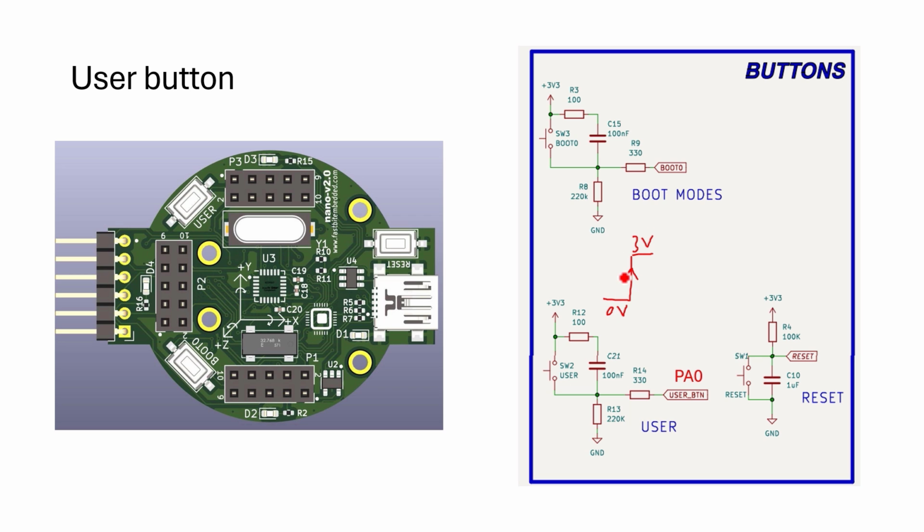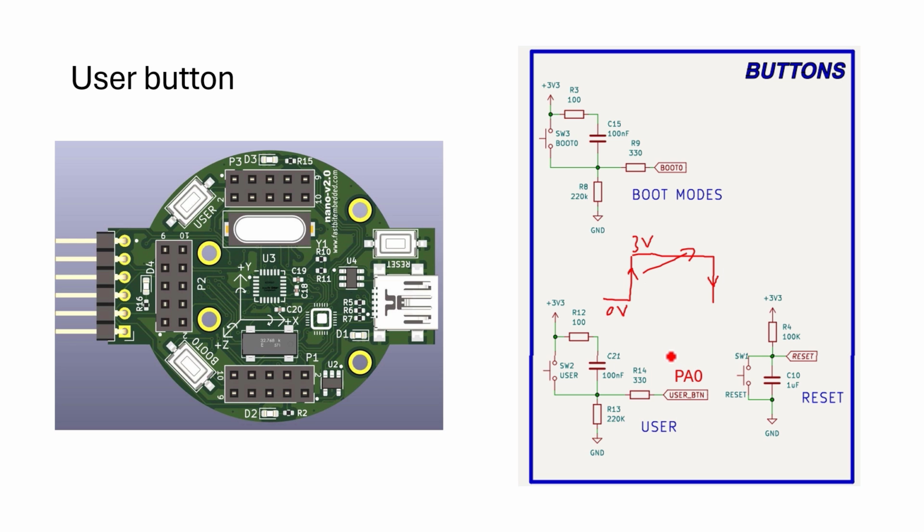So we should configure our code in such a way that we receive an interrupt at this point during rising edge. You can even consider falling edge if you want. Like when you release the button, it goes from 3 volt to 0 volt. That is falling edge. You can even configure the microcontroller to issue an interrupt during falling edge on the button.